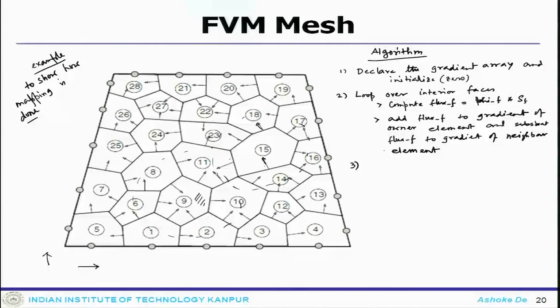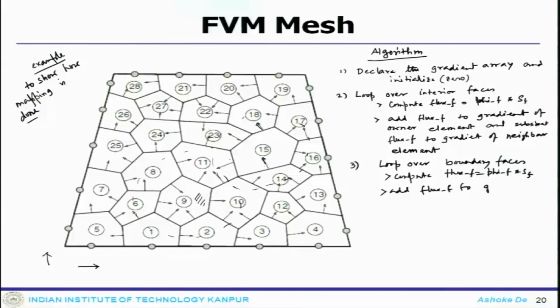Third step, you loop over boundary faces. There again you compute flux equals phi SF, and again you add flux to the gradient of the owner element.